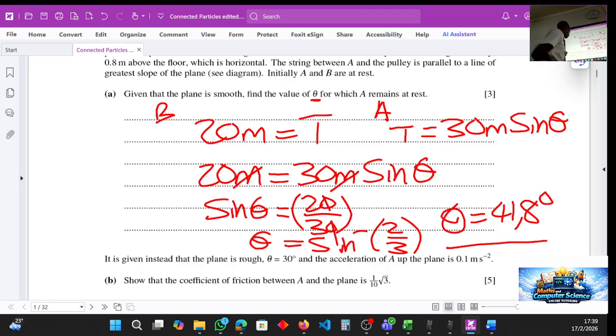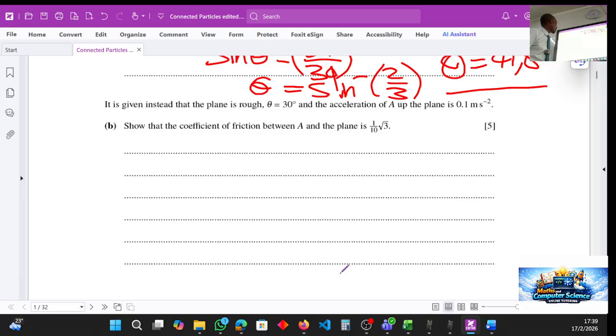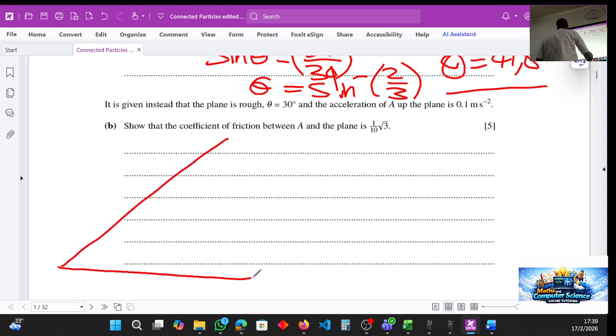I'll be done with the first part. Now let's check the second one. It is given instead that the plane is rough and theta is equal to 30 degrees and the acceleration up the plane is 0.1. So I'll try and redraw the picture that we had.